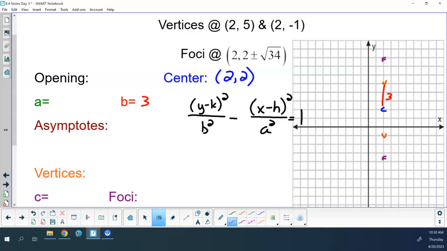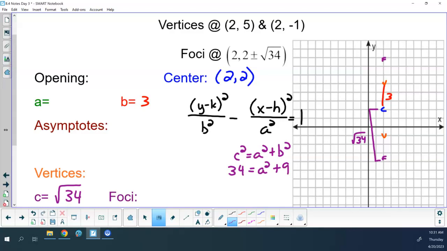Which means that this value right here is the square root of 34, and that value is my, not c squared, just c. Yep, that is just c. So when I go to c squared equals a squared plus b squared, c squared is going to be 34. I don't know what a squared is yet, but b squared is going to be 9.